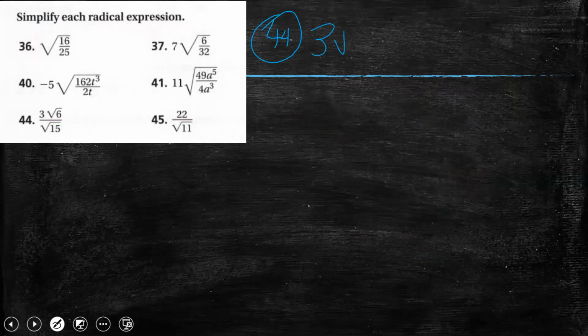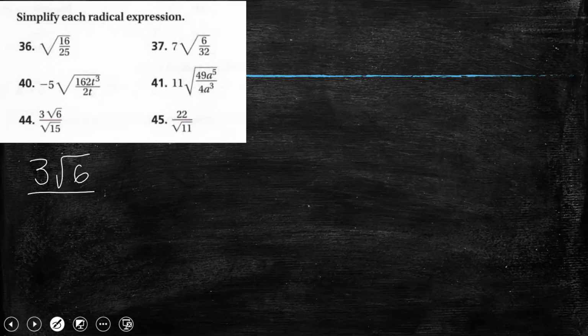3 square root of 6 over square root of 50. Start here. Now, before simplifying the radicals, look at the number square root of 15.